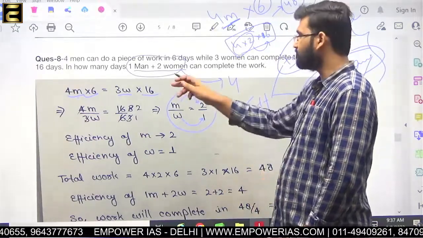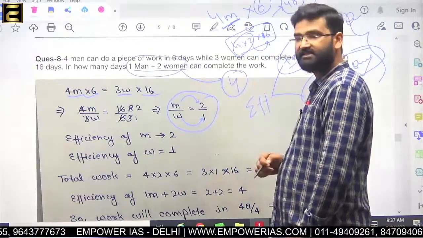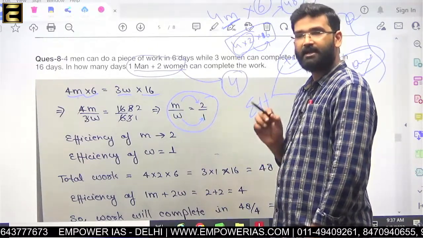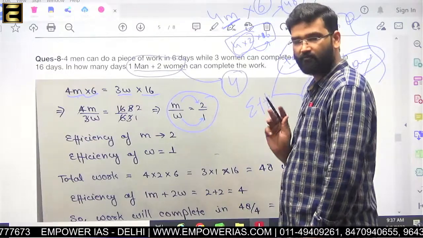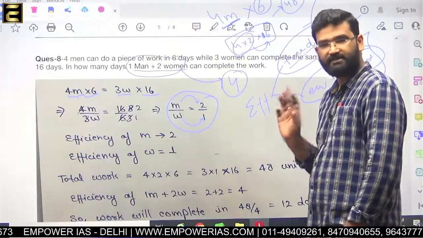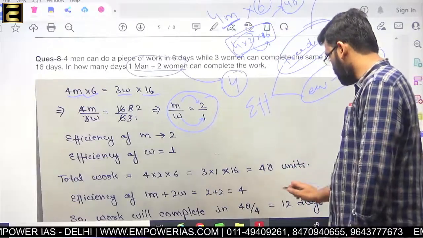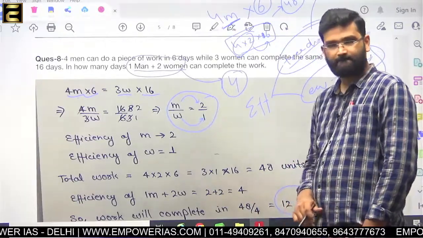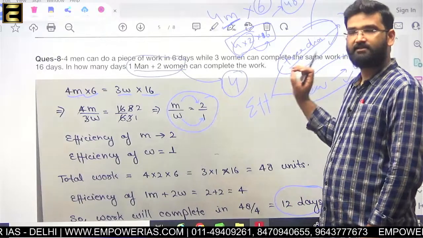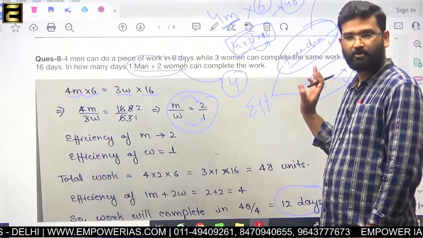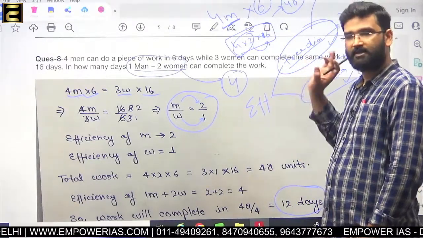And the total unit of work is 48. So how much time will this group take? 48 divided by 4, that comes to be 12 days. Now please tell me, is this method comfortable to you, whether you understood this method or not.